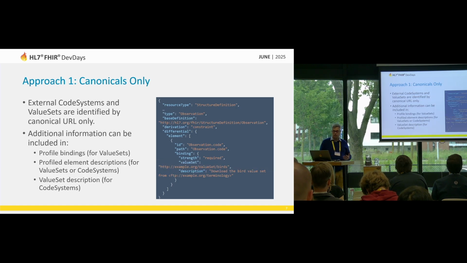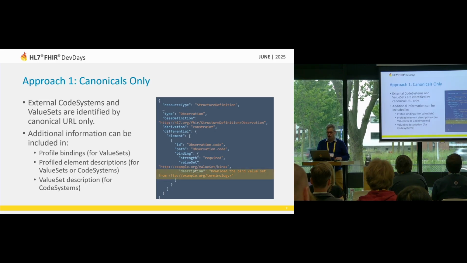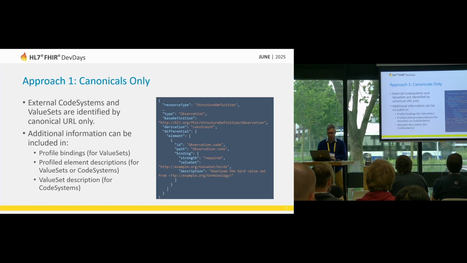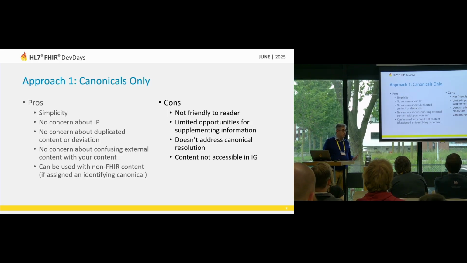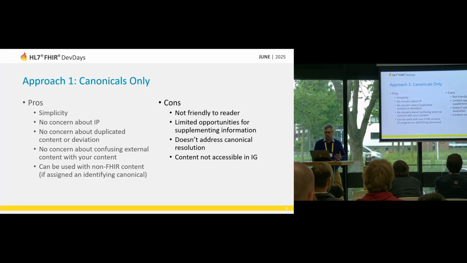Canonical URLs don't have a lot of information in them, but additional information could be provided, for example, on bindings and profiles or on element descriptions. Evaluating the use of a simple canonical URL, I'd say on the pro side, well, it's simple. It's a straightforward approach. There's no concerns about licensing third-party IP.